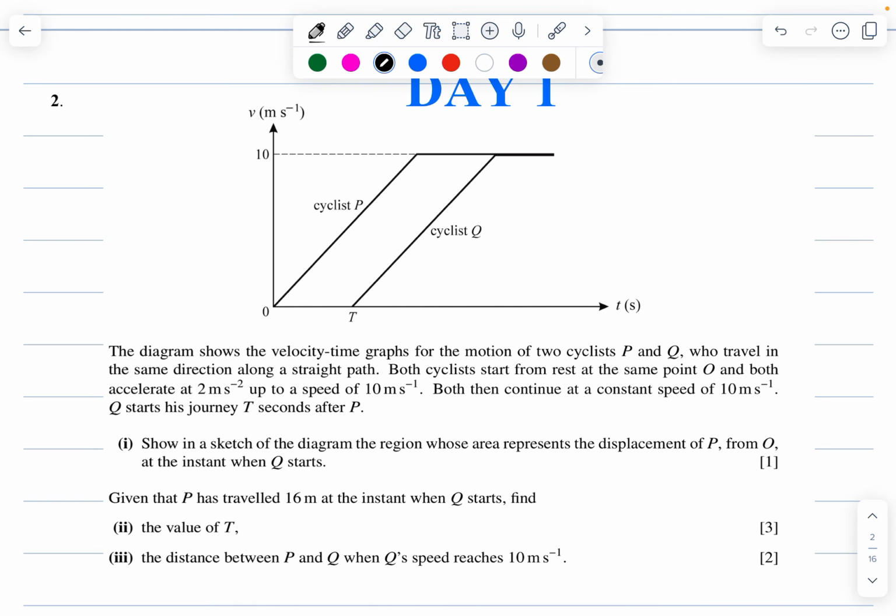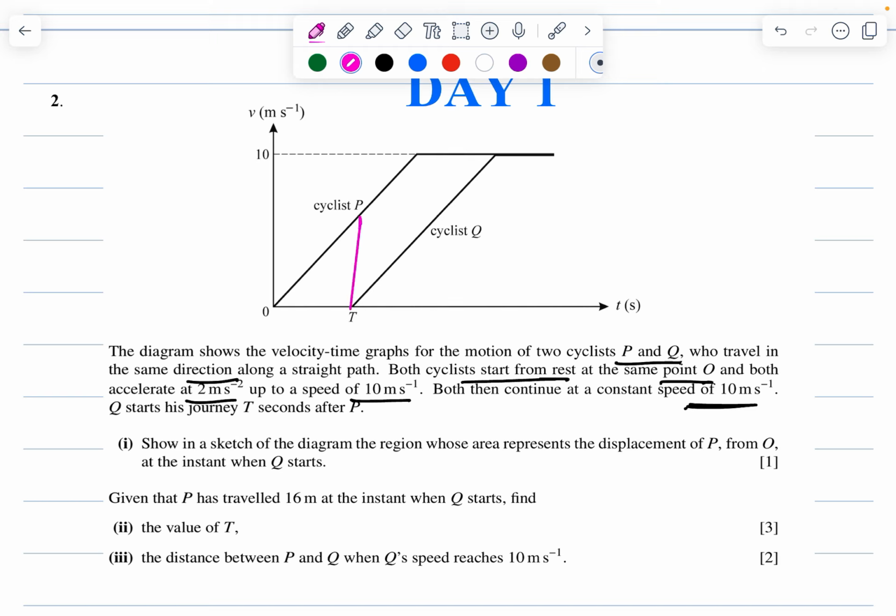Coming to the second question, the diagram shows the velocity-time graph of two cyclists P and Q who travel in the same direction. Both cyclists start from rest at the same point O. Both accelerate at 2 and reach 10, then continue at a constant speed of 10. Show on the diagram the region whose area represents the displacement of P from O when Q has started.